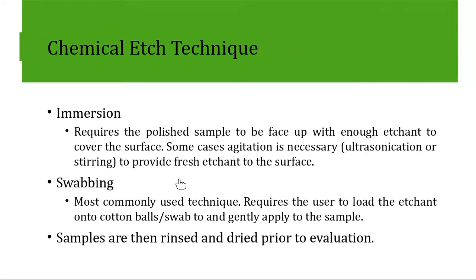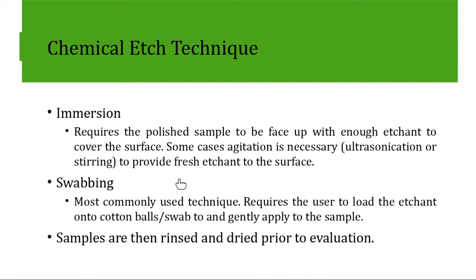So once again, you have 2 different types of chemical etching techniques. The first one is immersion. This requires your polished sample, so mirror finish, to be face up with the etchant, with enough etchant to cover that surface. Typically, when you do an immersion, you'll have to find a way to agitate the etchant in order to produce a fresh etchant on the surface.